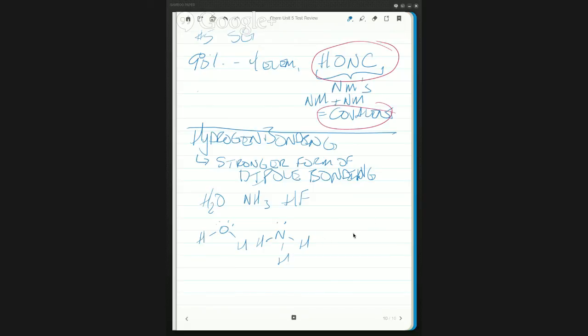I drew them out for you, and how they had to be kind of offset. So if this was the nitrogen, nitrogen is kind of down here with its H right here, and the bonding happens right here. It's kind of offset, kind of close together so that they can be friendly.